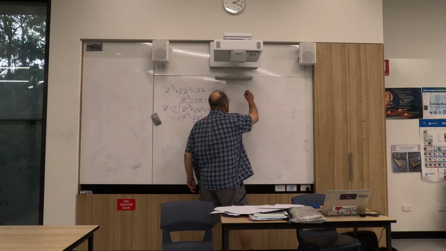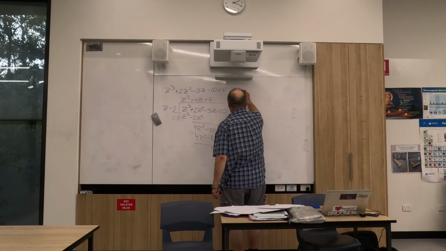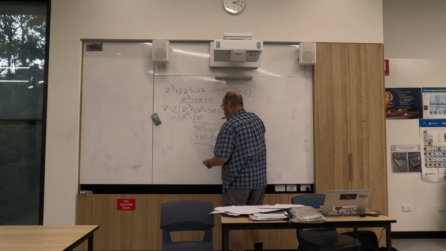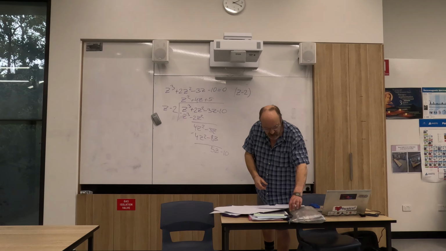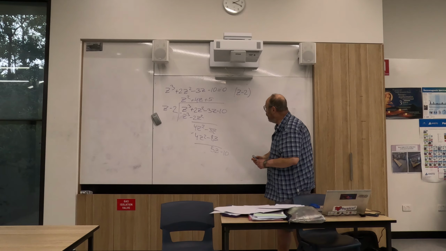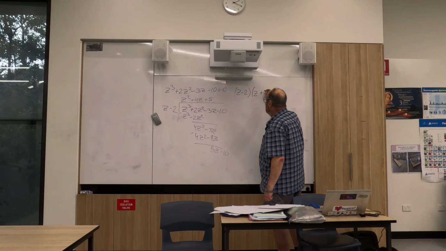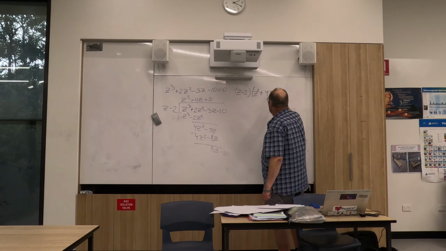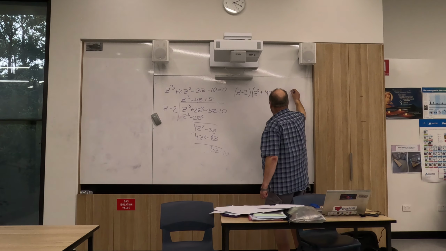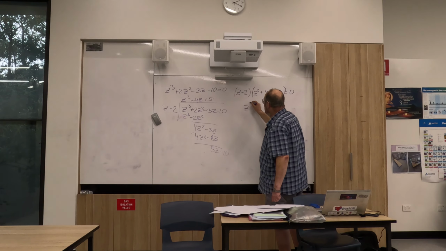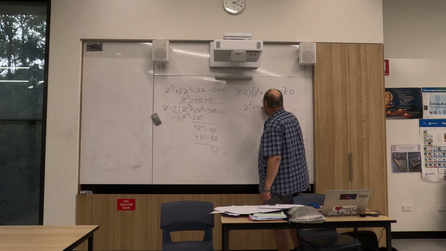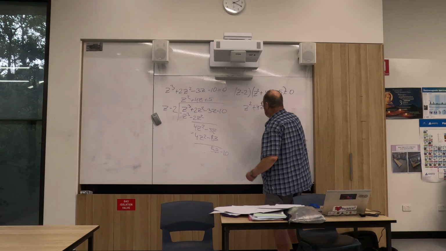Now, this factorizes to z minus 2 times z squared plus 4z plus 5 equals 0, and z squared plus 4z plus 5 equals 0.